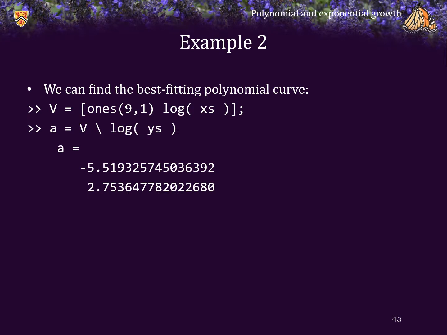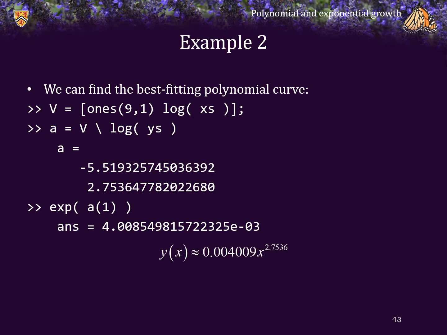Now, the first coefficient is actually the natural logarithm of the first entry, and so therefore we must raise that first entry to the base e. That gives us this value here, and the second entry is the exponent of x. Therefore, the best fitting function that passes through the data is this function here.